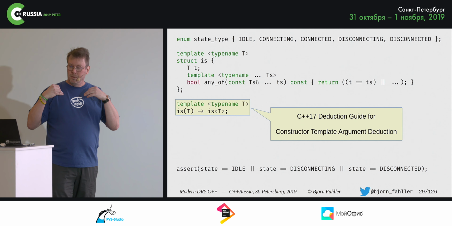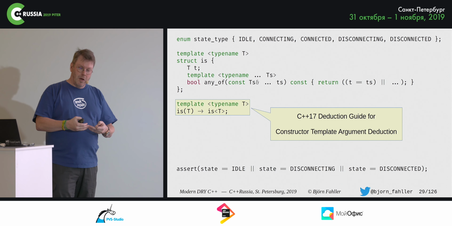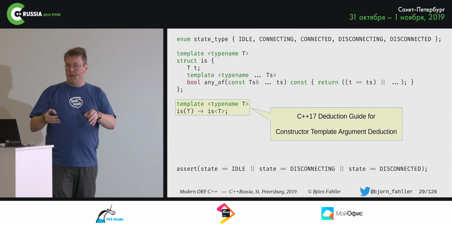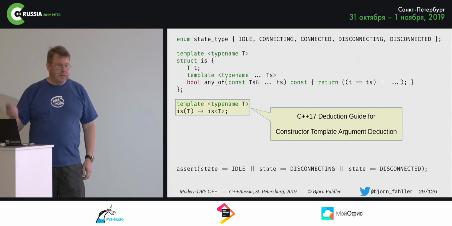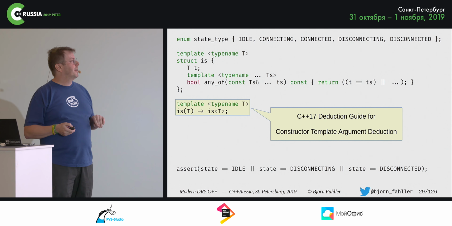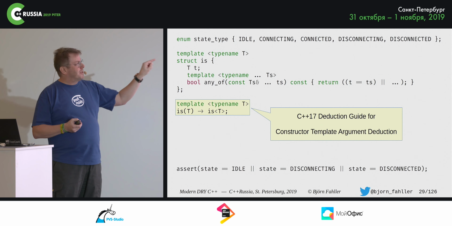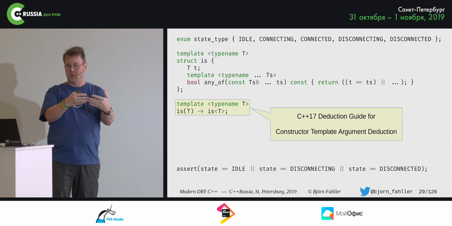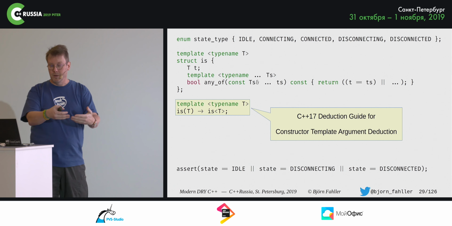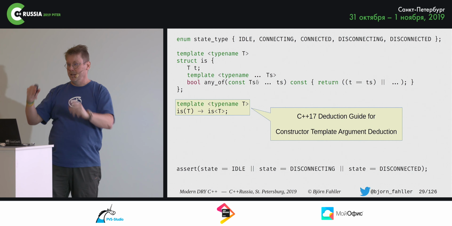which means that you can construct a template with parameters without actually explicitly naming the type in the template. Sometimes you need a guide for that. So that is what this is. What this means for the compiler is that if you see something that looks like a construction of is with a value t, then it means that we want to construct an is of type t.